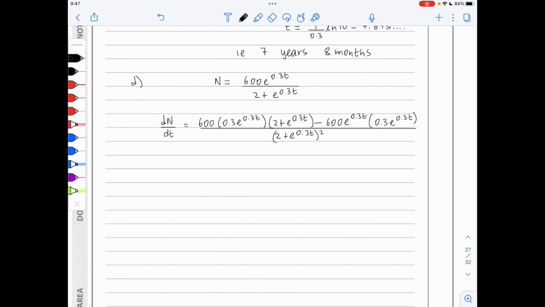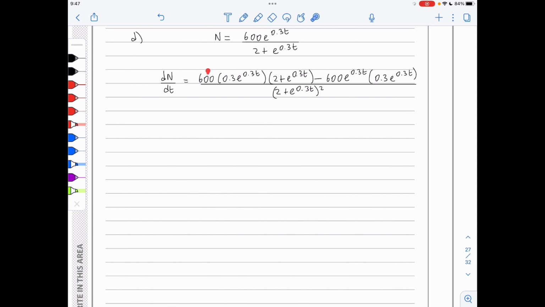So I can proceed. 600 times 0.3 is 180, so 180 e to the 0.3 t brackets 2 plus e to the 0.3 t minus 180 e to the 0.6 t, all of it over 2 plus e to the 0.3 t squared. I proceed further.